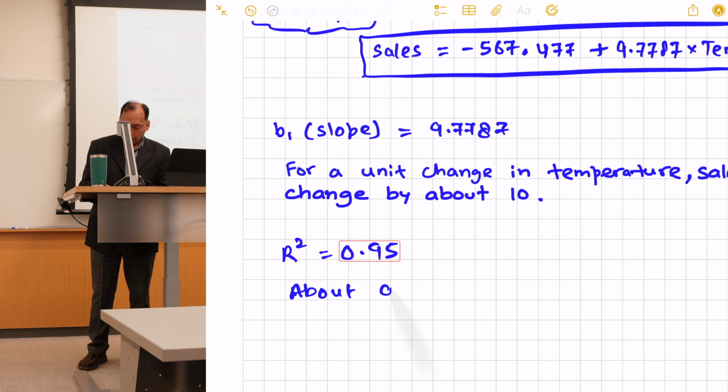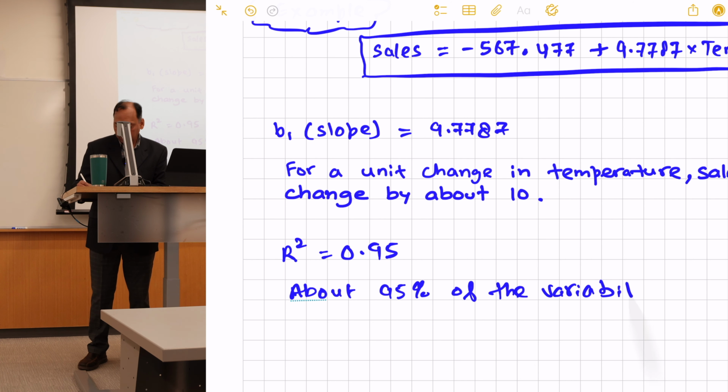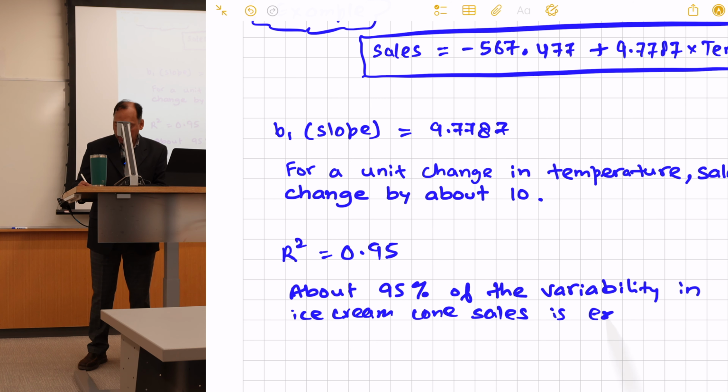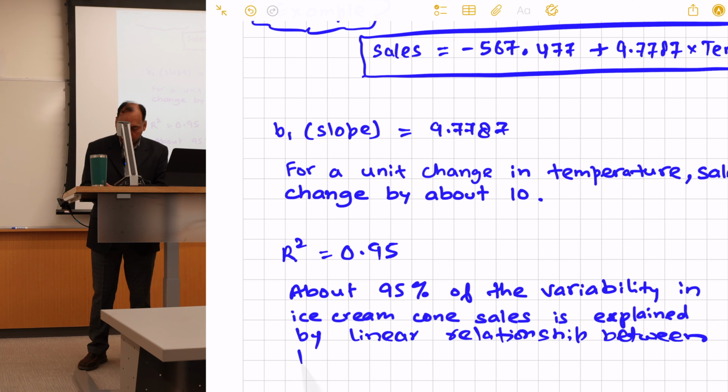It means about 95% of the variability in ice cream sales is explained by linear relationship between temperature and sales.